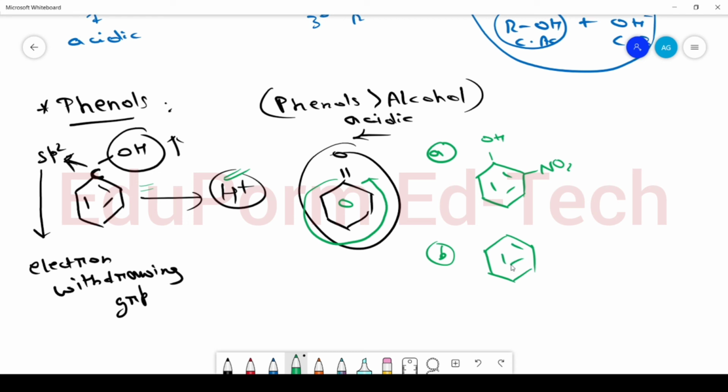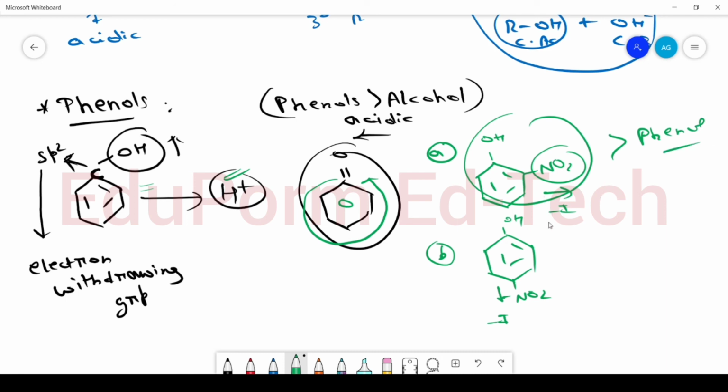This is our phenol, and at its para position we have NO2 attached. In both of these cases, the presence of the electron withdrawing group increases the acidity. So this compound is more acidic than phenol, because the electron withdrawing group is present at the ortho position. Similarly, this compound is more acidic than phenol, as the electron withdrawing group is present at the para position.